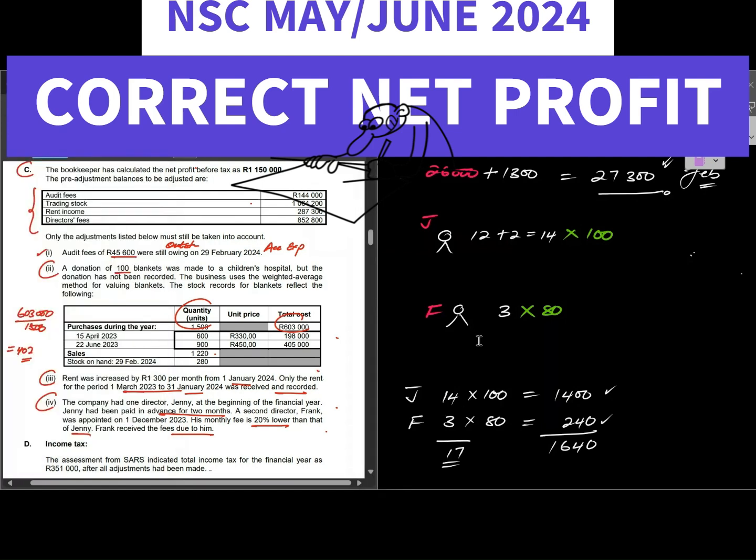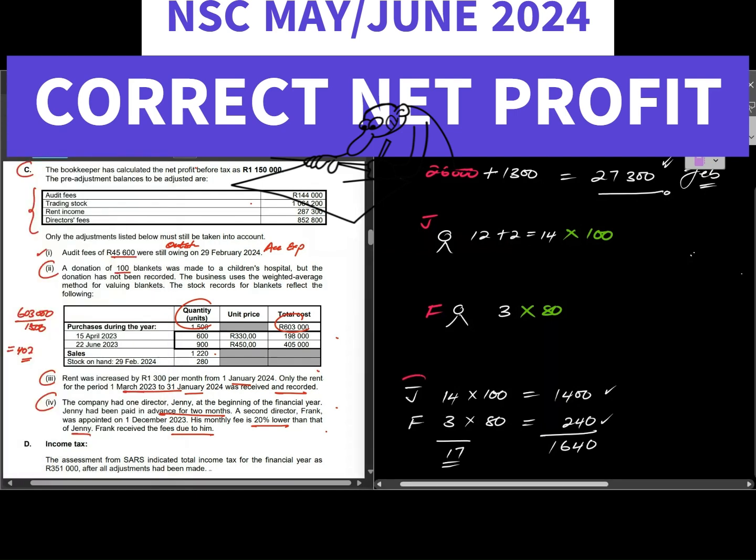So what we want now, our problem, remember, is Jenny, because Jenny has been paid these 2 extra months in advance. So we say those 2 extra months, remember, it's 100, so we're dealing with 200. So what we want is the 200, and what we have is the 1,640, multiplied by the director's fees of 852,800.